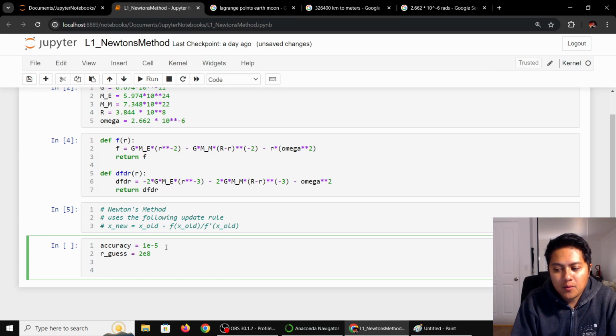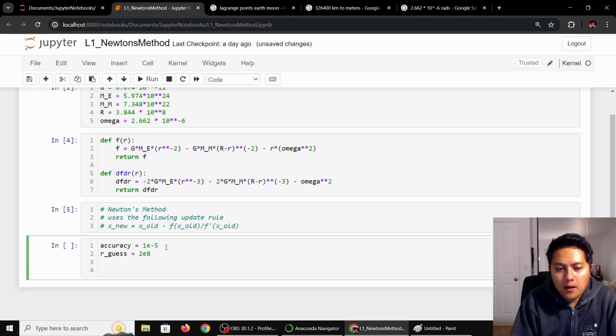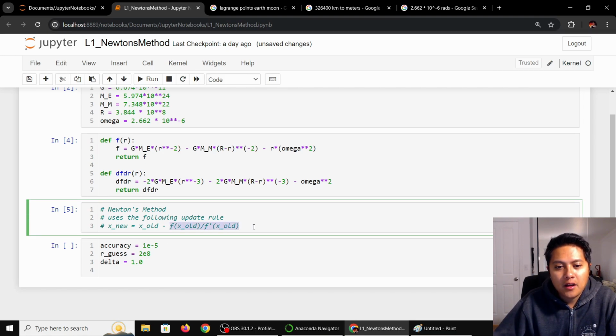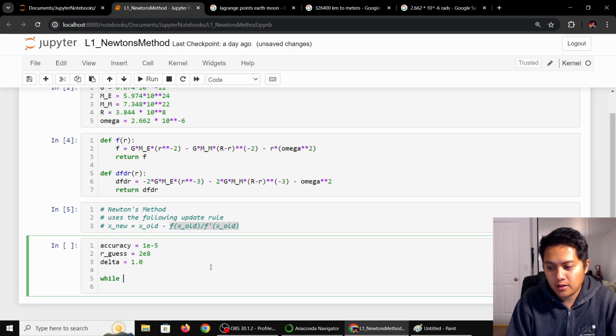Let's define something like, let's say delta is equal to 1.0. So this is going to be the variable that measures the ratio of this. And so when we find the root, it should achieve this accuracy if it converges.